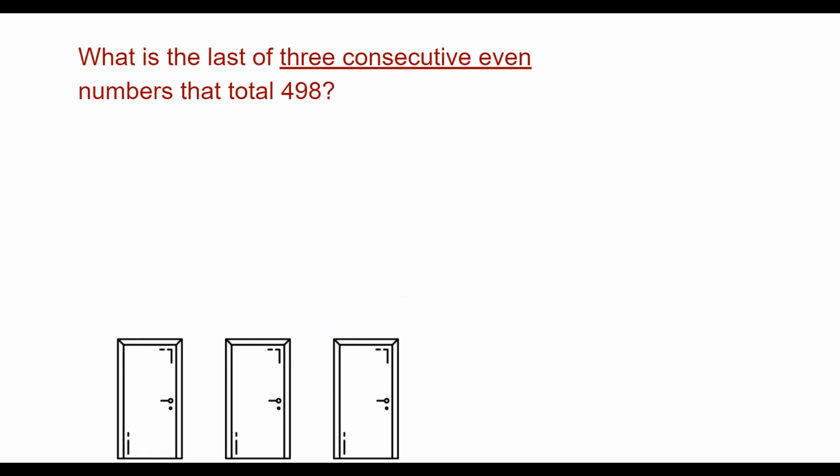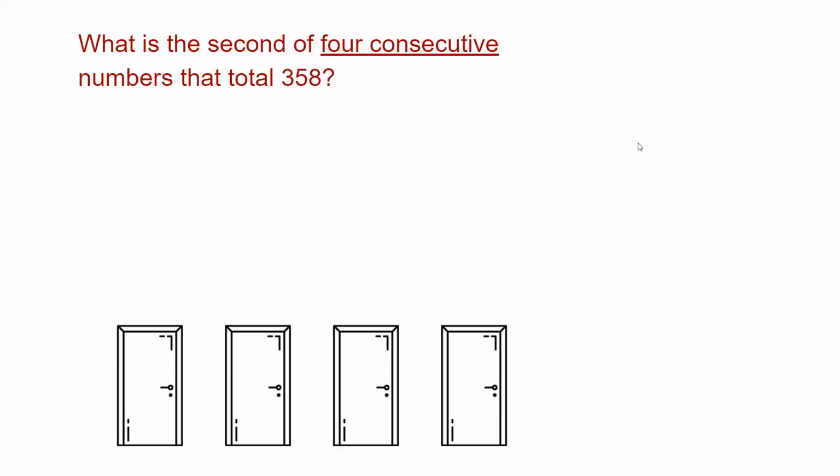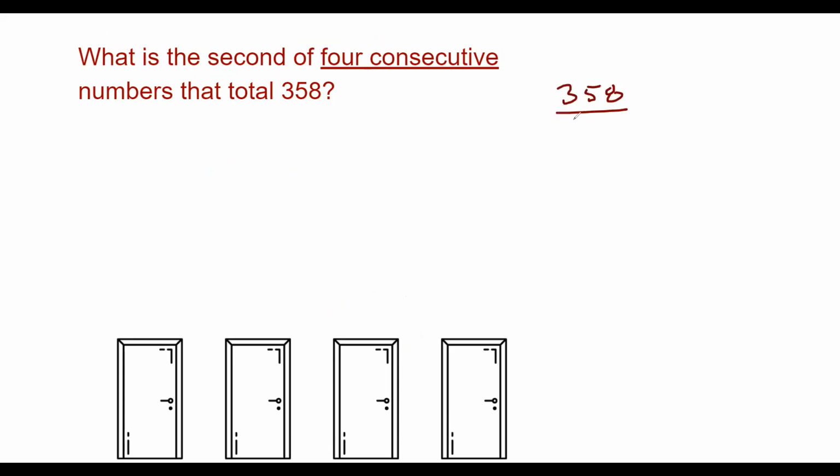Let's take a look at another one. What is the second of four consecutive numbers that total 358? Okay, we've got our 358. We divide that by the quantity of numbers. In this case, there are 4. 358 divided by 4. Use your calculator.